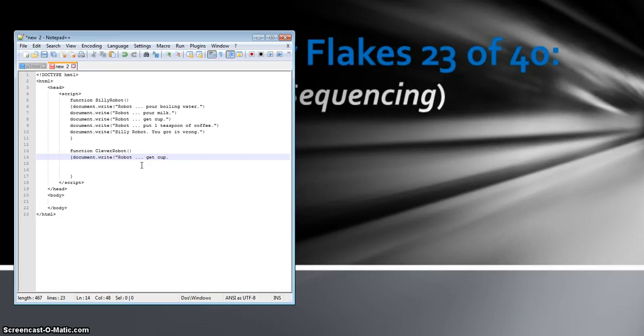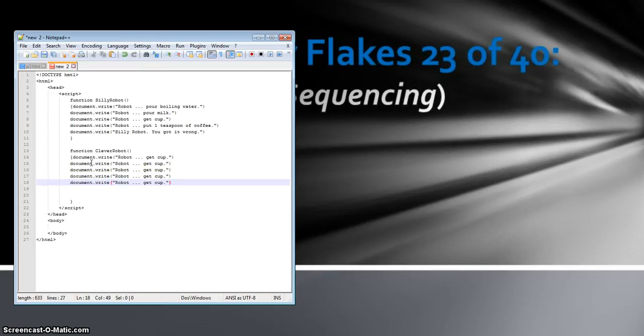Okay, it gets a cup. And enter that. Now we'll just copy it again. Control C. Oops. Control V. 2, 3, 4, 5. Okay, it's got 5 instructions.